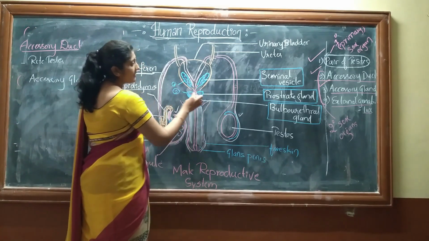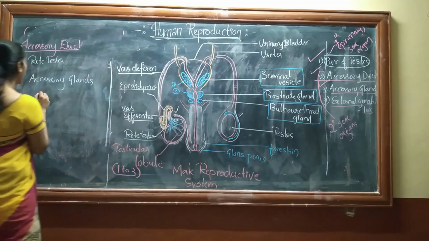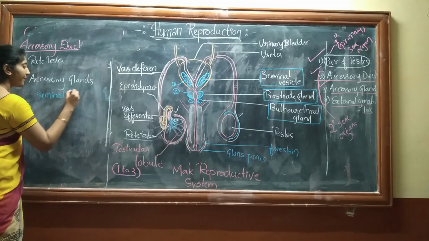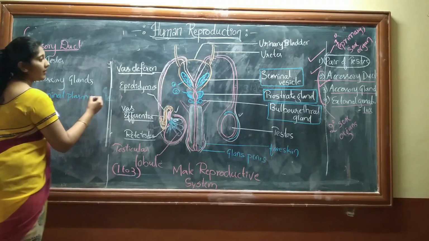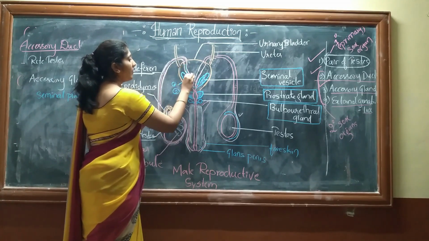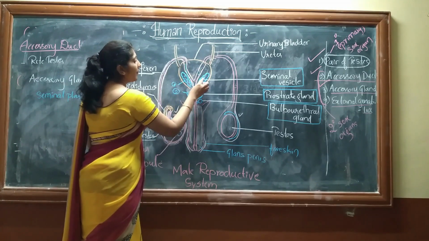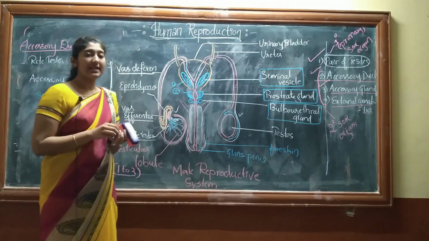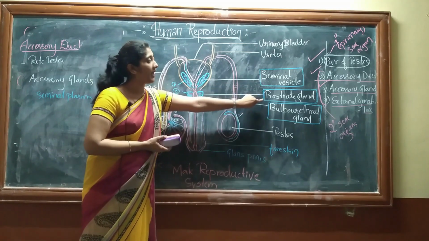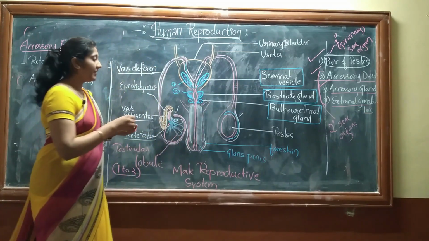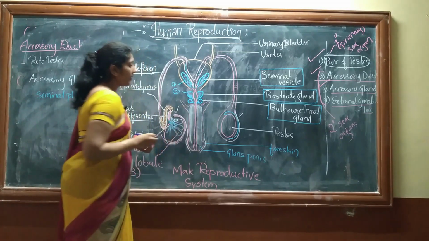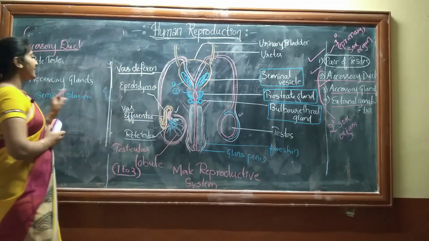These two glands secrete the seminal plasma, and the sperms coming here are mixed with the seminal plasma secreted by these two glands, the seminal vesicle and prostate gland. And the third gland is the bulbourethral gland. This is about the accessory glands.